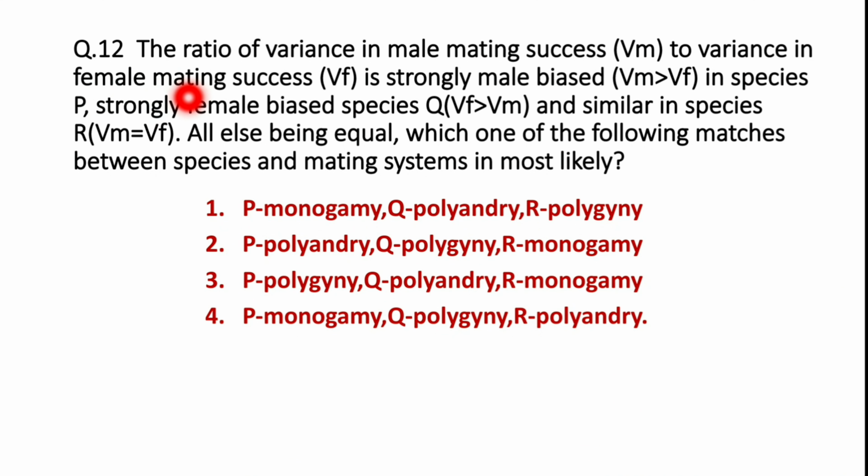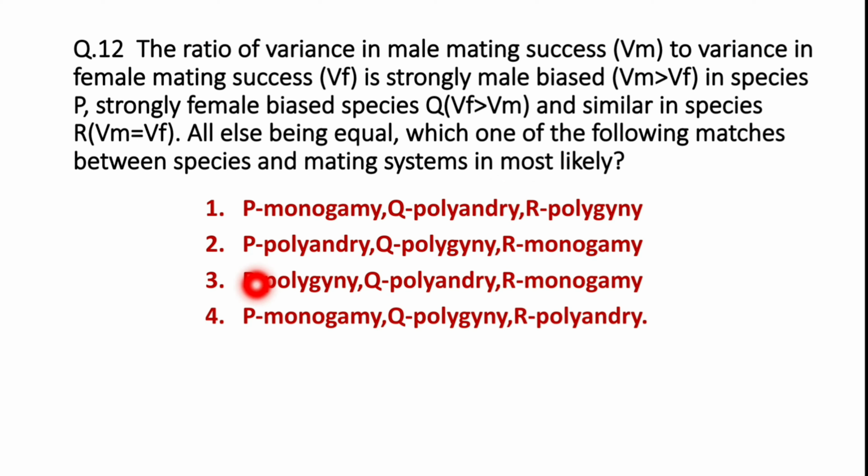Question number 12. The ratio of variance in male mating success Vm to variance in female mating success Vf is strongly male biased, Vm greater than Vf, in species P; strongly female biased, Vf greater than Vm, in species Q; and similar, Vm equal to Vf, in species R. All else being equal, which one of the following matches between species and mating system is most likely?